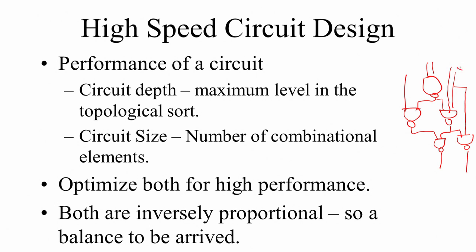So let us take this input. For this input, let me have one more. I could reach from this input to the output with just two gates, but again there is another path from this input to this output which involves 3 gates.